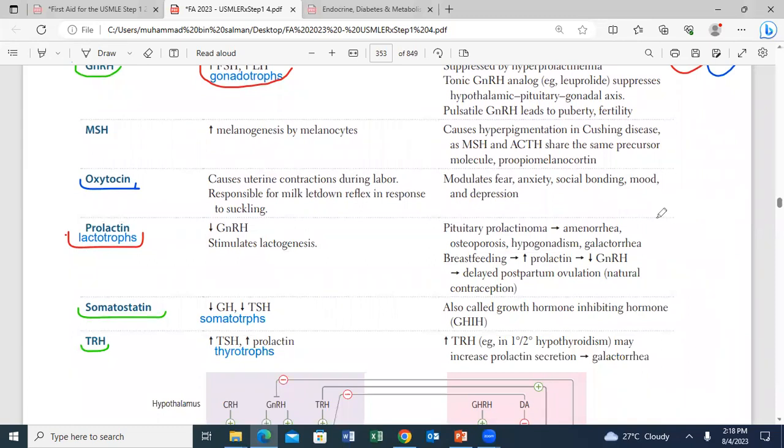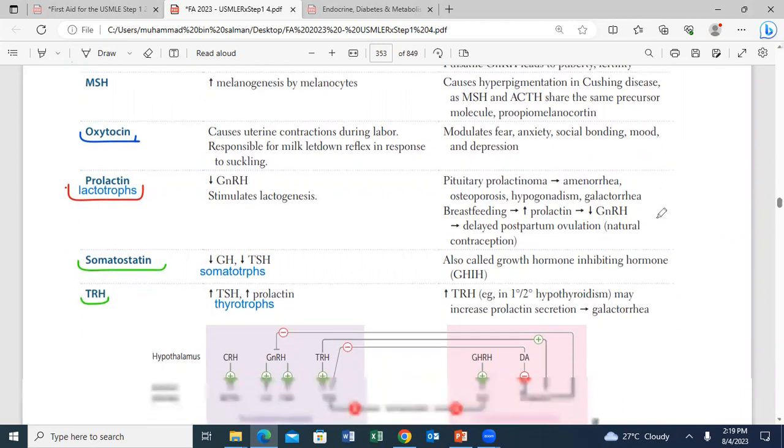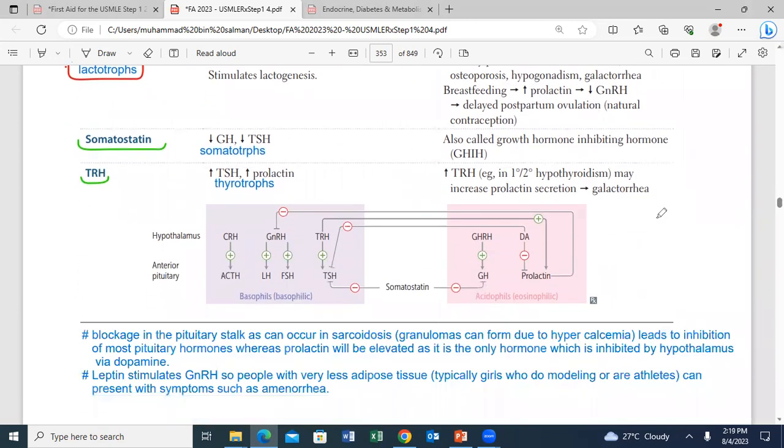And then last but not the least is the thyroid releasing hormone. Just like other releasing hormones, this also stimulates the formation of thyroid stimulating hormone, another anterior pituitary hormone. An interesting point is discussed in this diagram below, and that point is, I've already mentioned that dopamine inhibits prolactin, and we have already discussed thyroid releasing hormone promotes TSH.